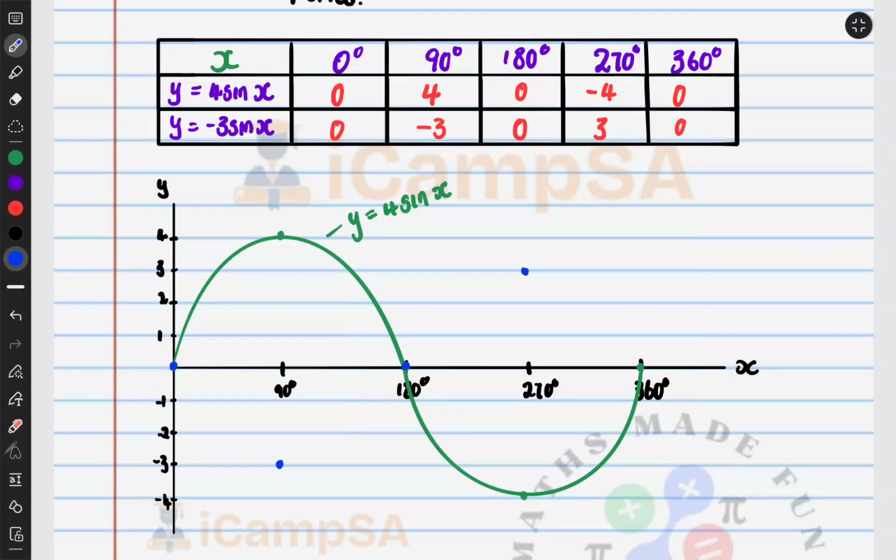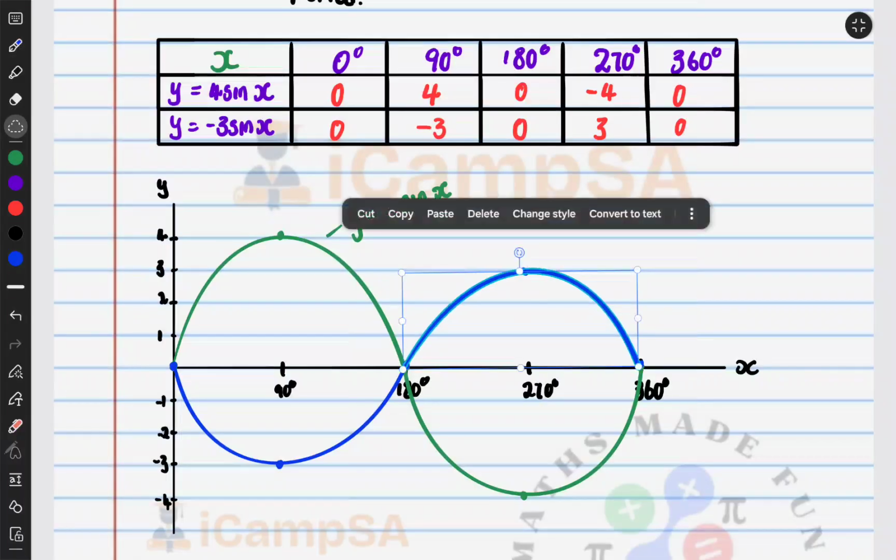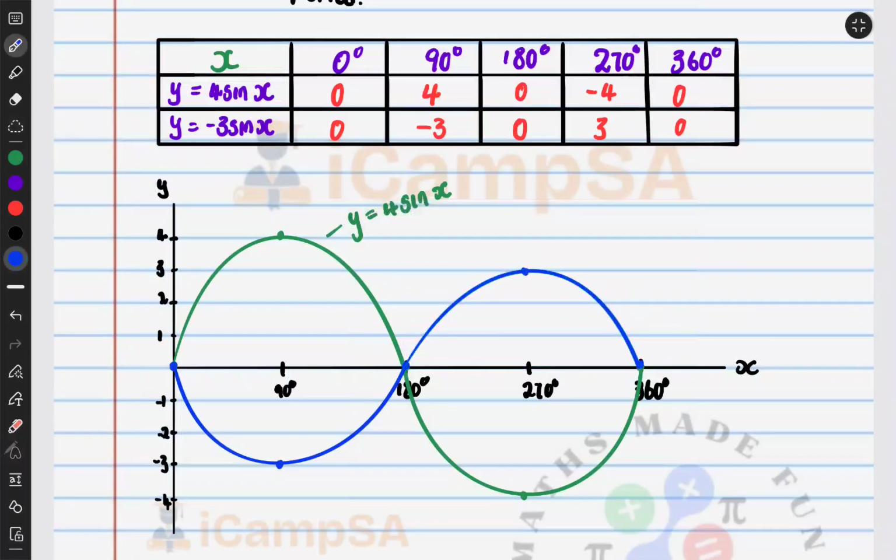Where x is 360, y is 0. Okay, and then we join our points. Yes, like that. And this one that we have here is the one for y is equal to -3 sine x.